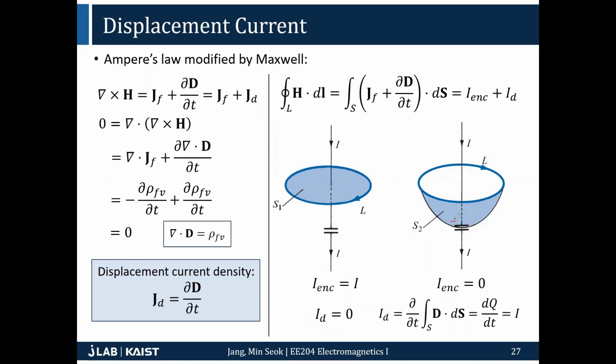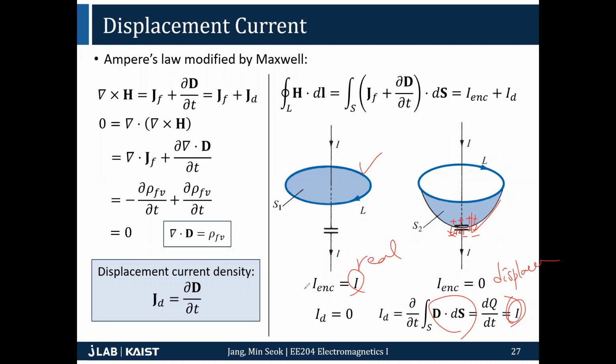Why? Because charges are piling up, and as time goes by the amount of charge increases, which means the electric field between the two plates increases with time. So if you take the time derivative, you get a non-zero term, and that is exactly the same as I. So in either case, you get the total current of I. This one is a real current, and this is called a displacement current.